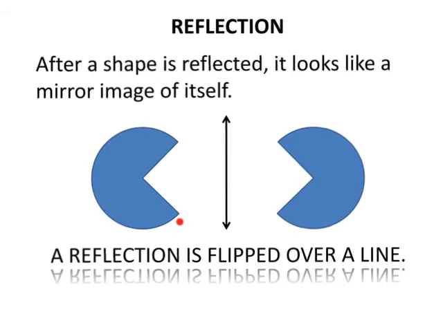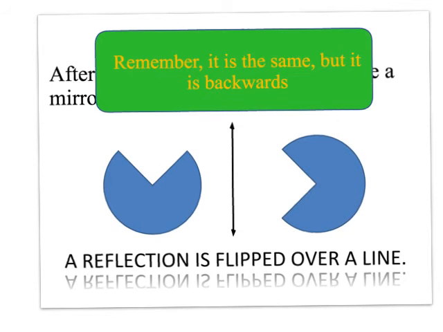Again, we took this little Pac-Man and flipped him over our line of reflection, and now he's facing the other way. Think about physically taking something, like my hand with my palm facing my iPad. I flip it over the line, and now my palm is face up. Remember, it's the same but backwards.